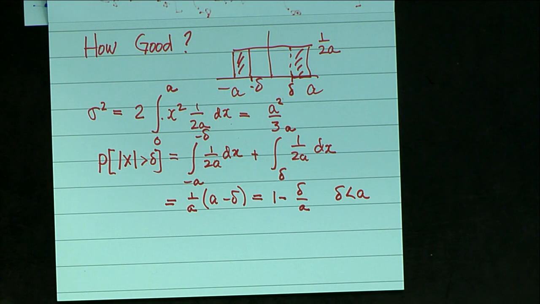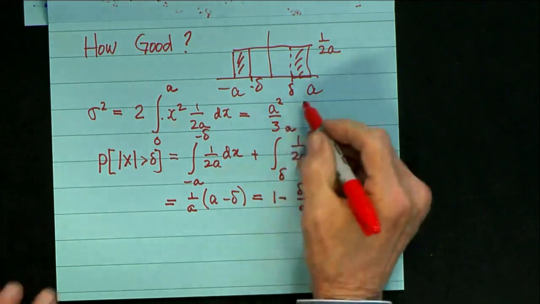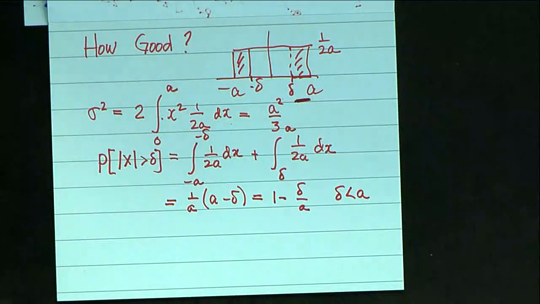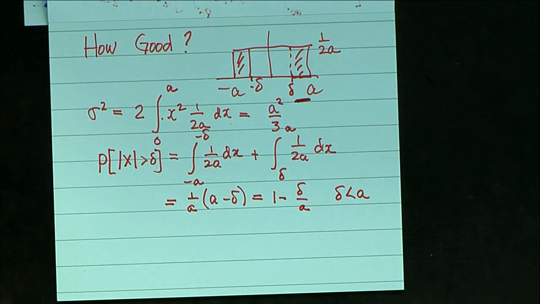See, that length is just a minus delta, isn't it? This shaded thing is a minus delta. And so the area is a minus delta times 1 over 2a, and same as that. And so the answer comes out 1 over a times a minus delta, which, factoring out a, gives you 1 minus delta over a.